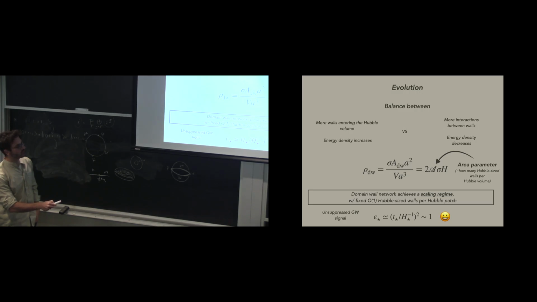And this quantity here should be approximately time independent, as I will show. So you see the expectation basically is that the typical time scale and length scale of this network of topological defects is precisely Hubble-sized. So at every time you're just dominated by one or a few big Hubble-sized domain walls.